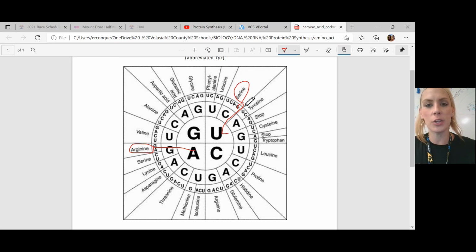So if you had serine, then you got yours correct. All right. This is how the RNA codes for amino acids. Okay, so now I'm building a protein because remember, amino acids are the building blocks of proteins. All right, hopefully it makes sense.